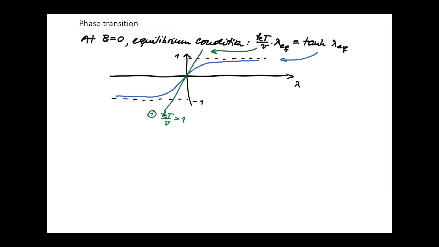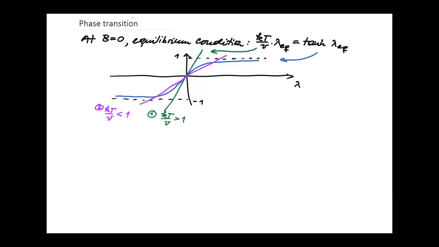If, on the other hand, the slope kT over v is smaller than 1, the hyperbolic tangent at lambda equal to 0 has slope 1. So if kT over v is smaller than 1, then the straight line will have this shape and will intersect the hyperbolic tangent. This is case number 2, where the slope kT over v is smaller than 1.